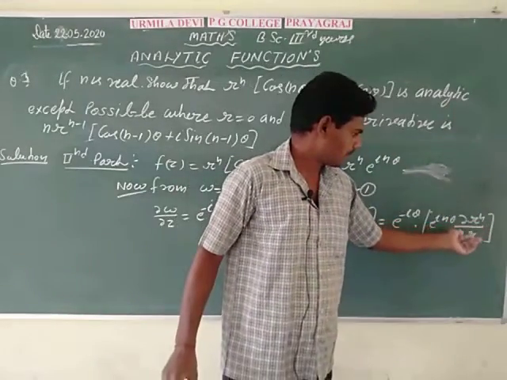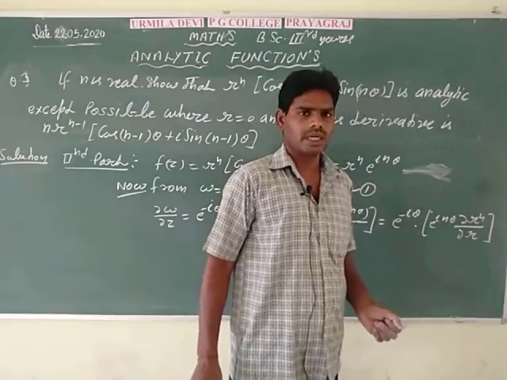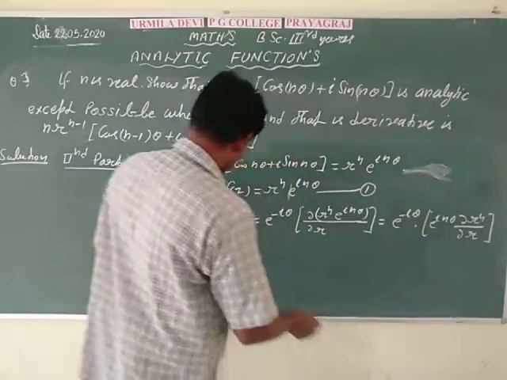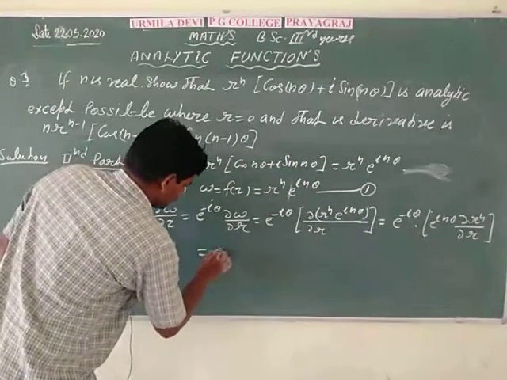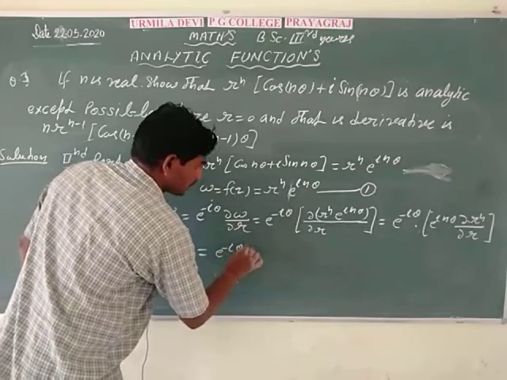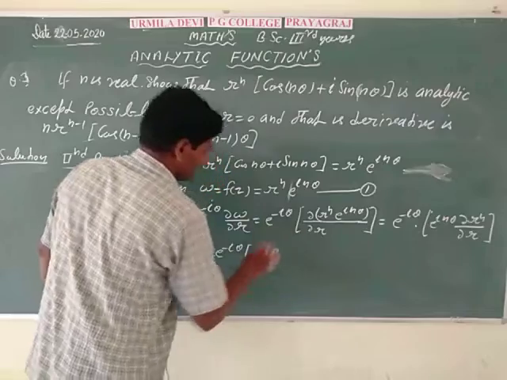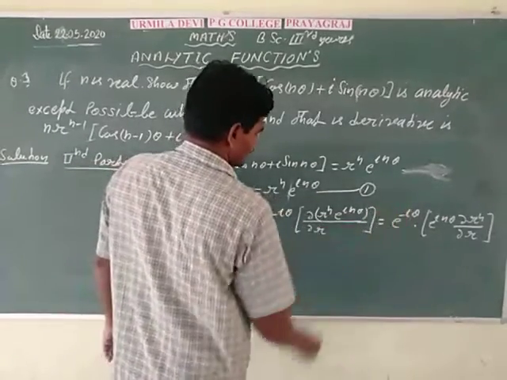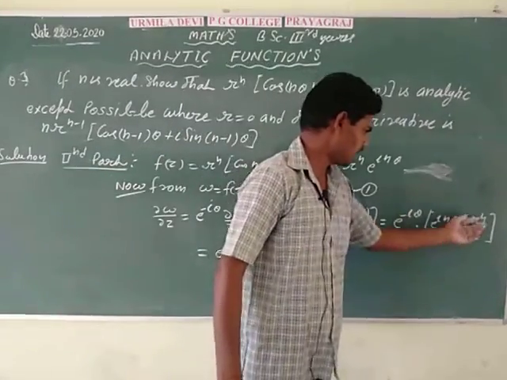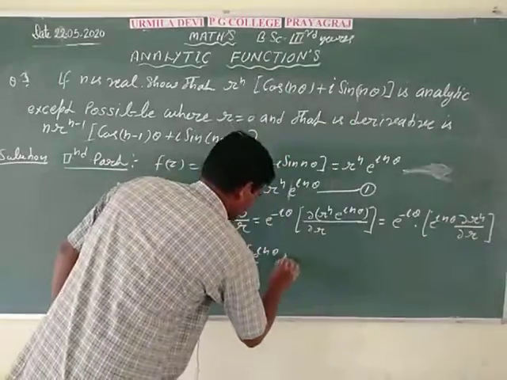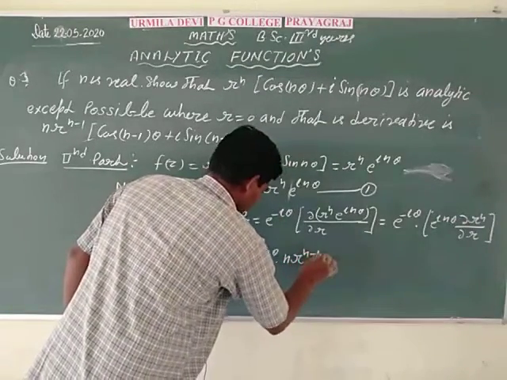Differentiation of r to the power n with respect to r is equal to n times r to the power n minus 1. So e to the power minus i theta times e to the power i n theta times n r to the power n minus 1.